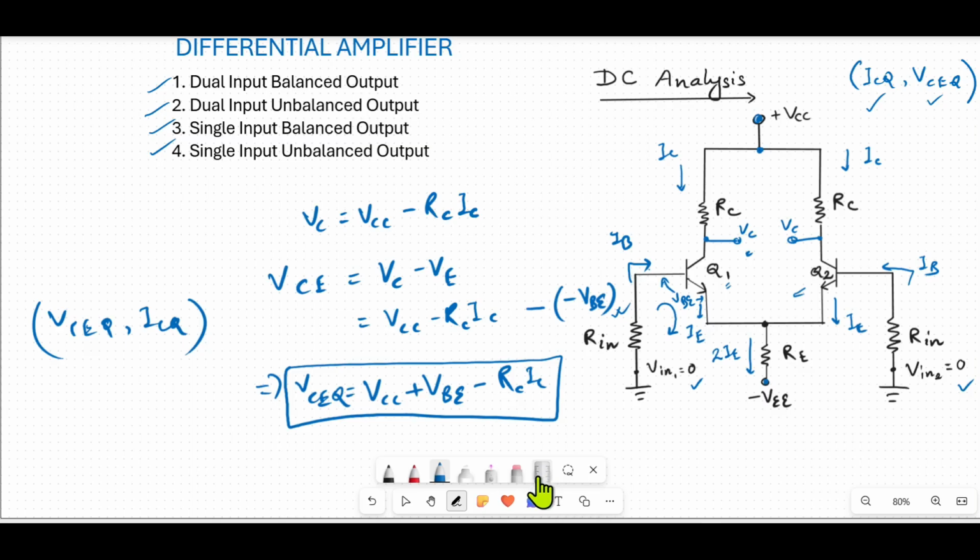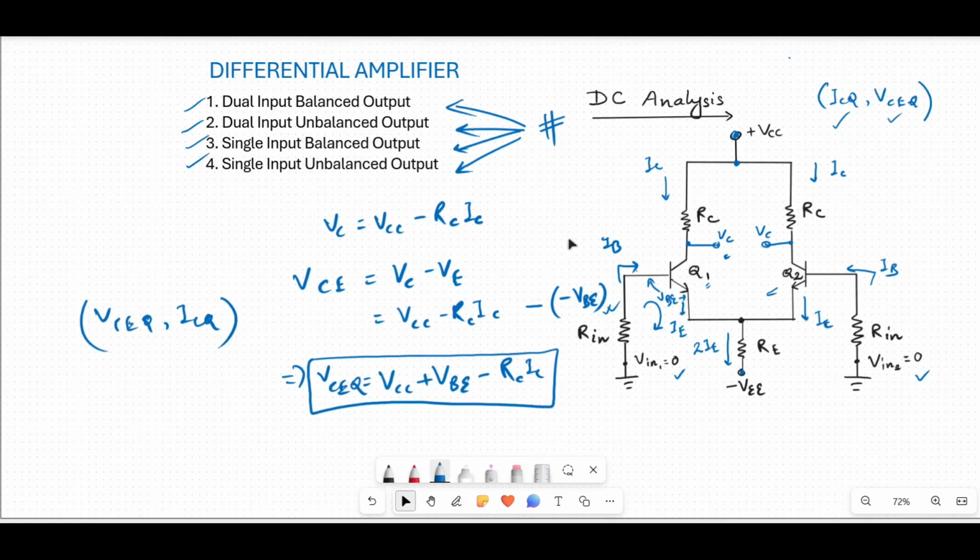That is, knowing the DC analysis procedure for one configuration, dual input and balanced output, we do not have to repeat the DC analysis procedure for the remaining 3 configurations. This DC analysis is valid for all the 4 configurations, considering we assume the same biasing conditions for all of them. So this is the DC analysis of the differential amplifier.